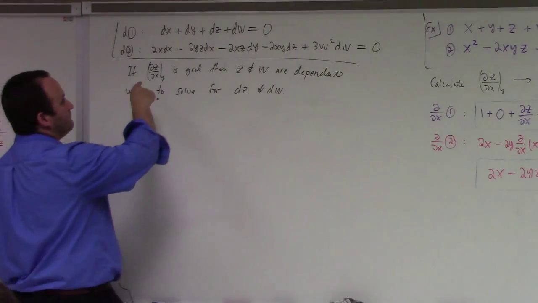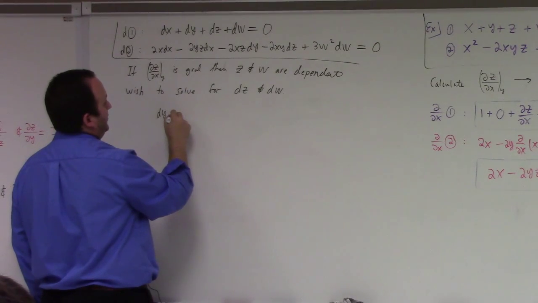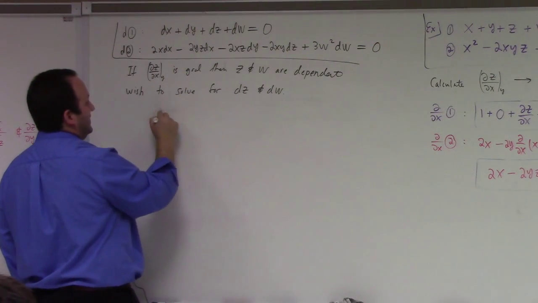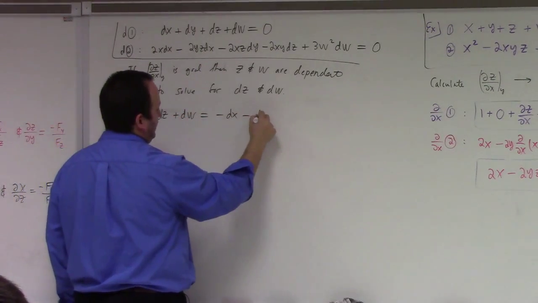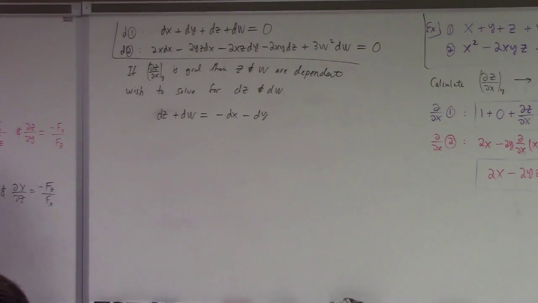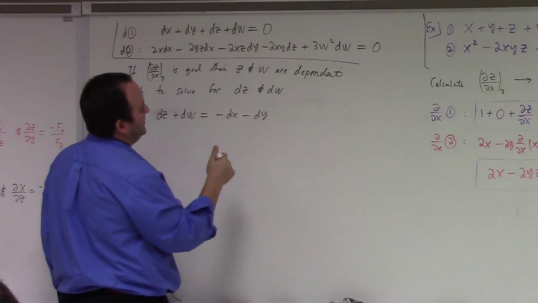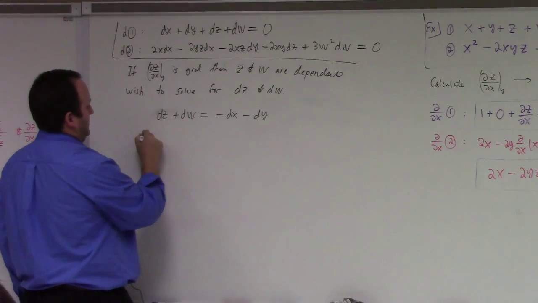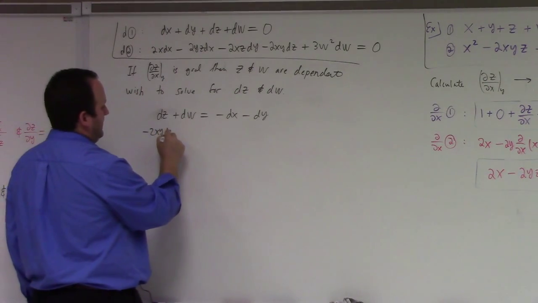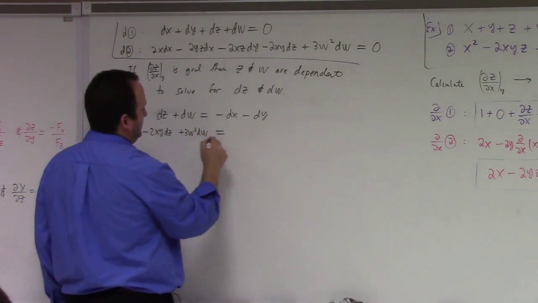So the first equation is easy: dz plus dw is equal to minus dx minus dy. That one wasn't too bad. The second one, I've got to collect some terms. It's minus 2xy dz plus 3w squared dw equal to what?